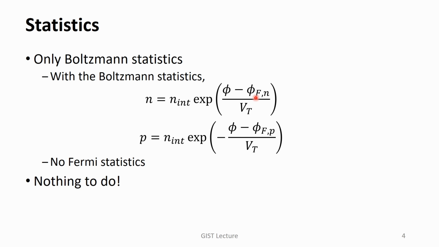However, for modern devices, it is desirable to adopt the Fermi statistics. Unfortunately, the G device does not support the Fermi statistics. We have to understand this situation. So, right now, on the statistics, we have nothing to do.